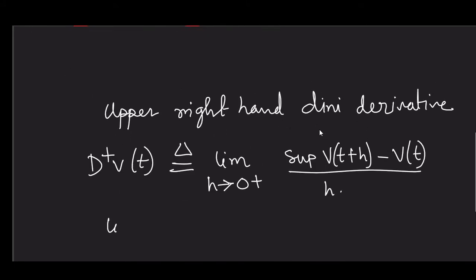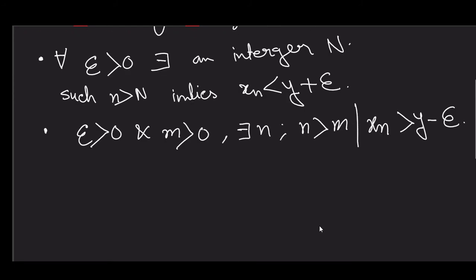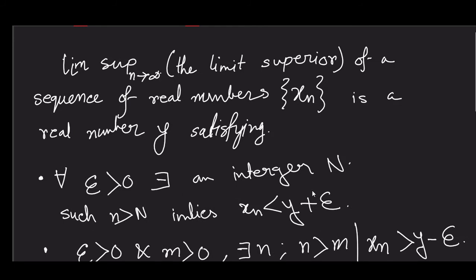While we were trying to define the limit superior, we wrote something like this. Actually, we should write it here. What does this limit superior mean? It is the limit superior of a sequence of real numbers. Why do we need a sequence?